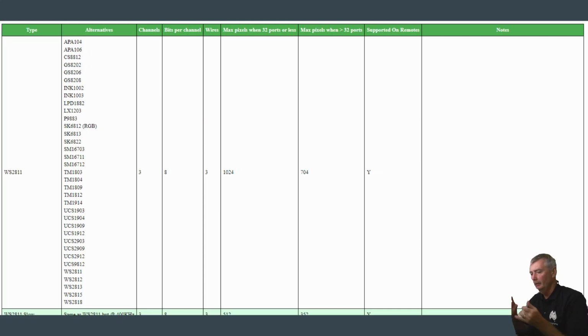So WS2812, 2813, 2815, 2818, they all are WS2811 protocol pixels. But so are the UCS1903s, the APA104s, the SK6812 RGB pixels. They all talk the WS2811 protocol.